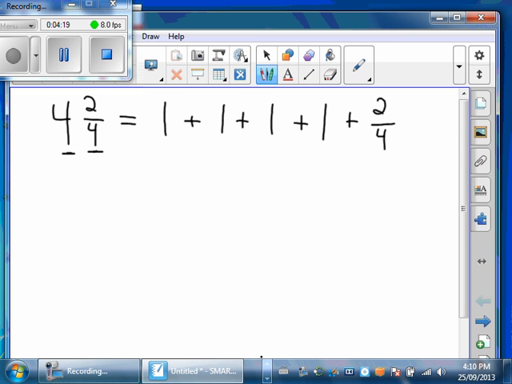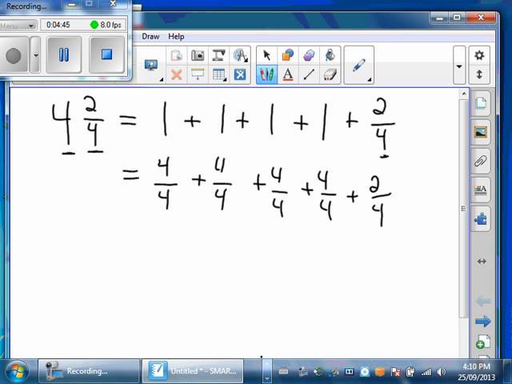Now we want to make sure that this is all going to be over 4. So 1, if we convert that into fourths, is really going to be 4 over 4, because 4 over 4 is equal to 1. We can do the exact same thing here for all of these, and then add our 2 fourths in at the end.